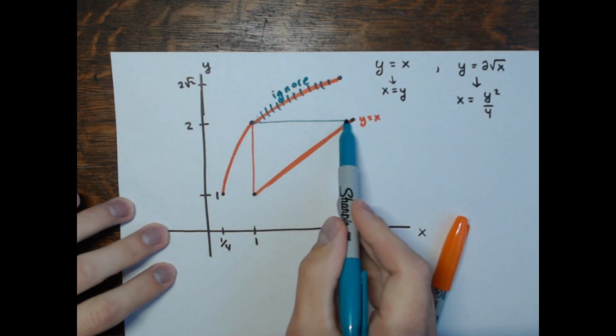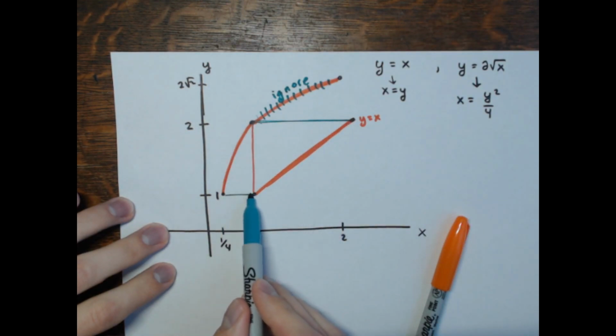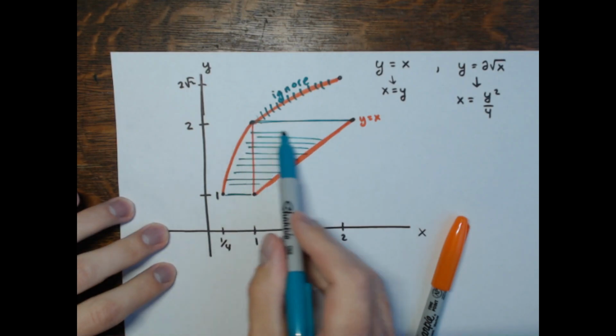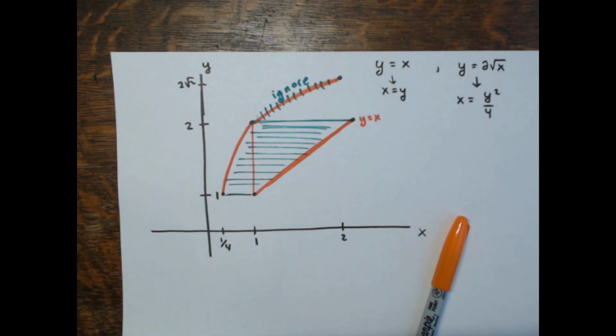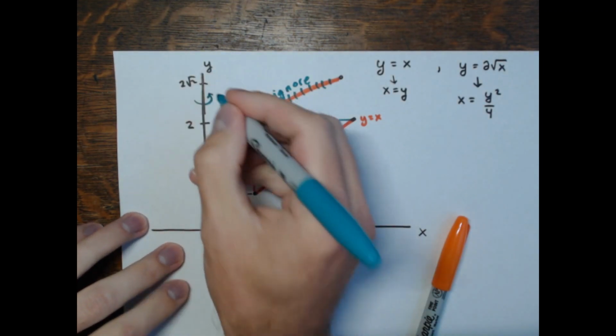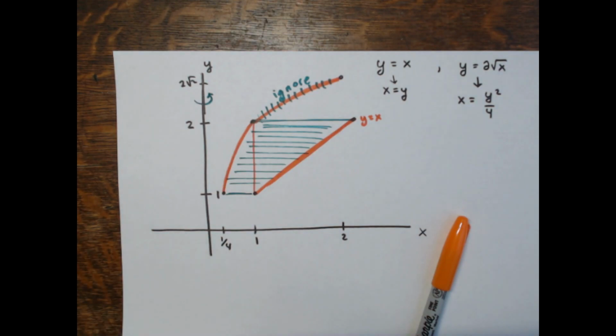So in this region here, from y equals 1 to y equals 2, between these two curves, my apologies, that region there in the green, we're rotating around the y-axis and creating these washers.